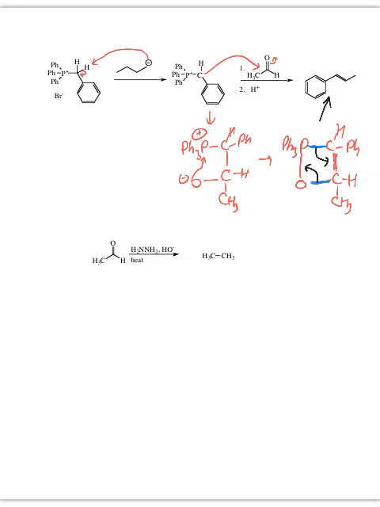Okay, the next one here, the reduction of a carbonyl, may take extra space than what we have here on the page, so we'll just see how it goes. But the first thing that happens is we have hydrazine, and our hydroxide can pull off a hydrogen off of the hydrazine to give us a good nucleophile.